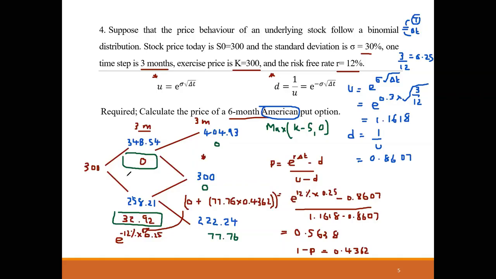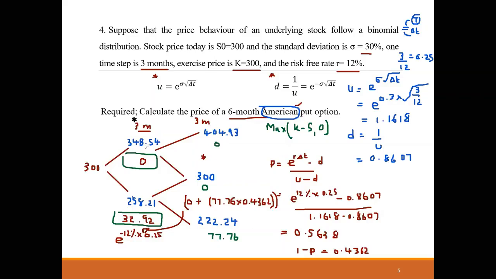Now, here, since it is an American put option, even at 3 months, you have the ability to exercise it after 3 months as well. So rather than waiting till maturity, if you exercise it at this point, at 3 months, tell me what would be the payoff.